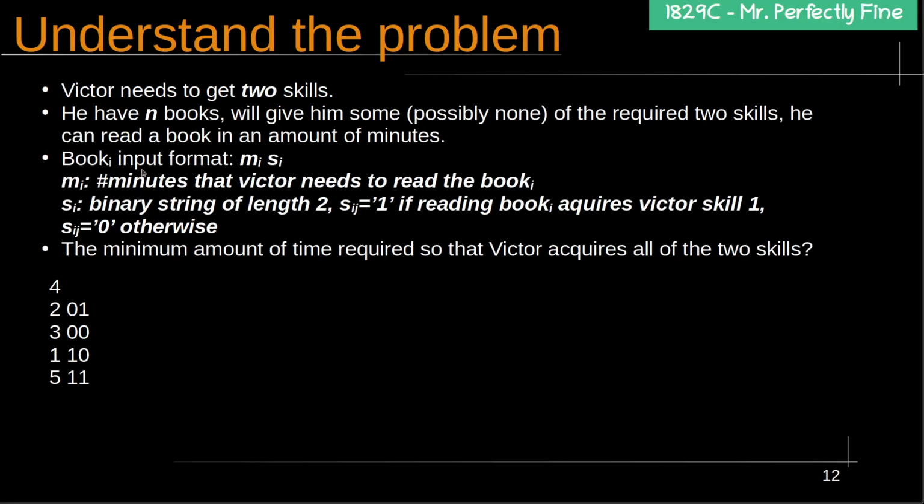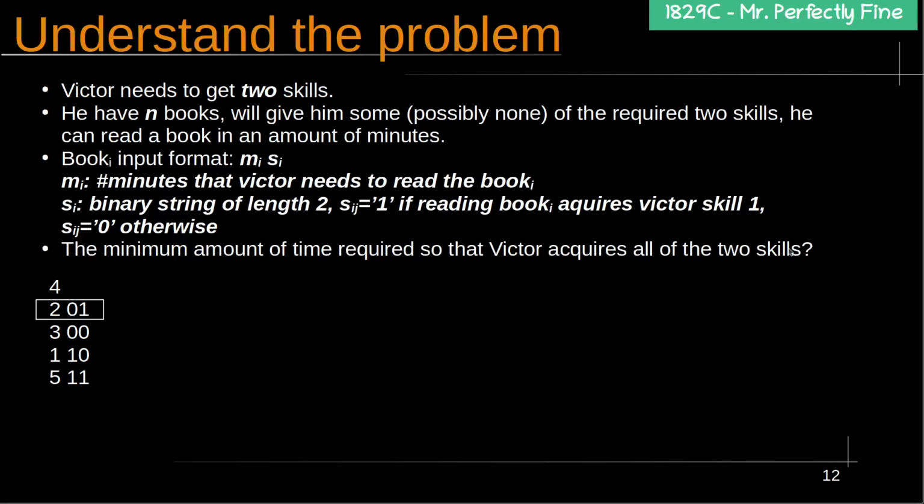The input format is Mi, Si, where Mi is the number of minutes that Victor needs to read book i, and Si is a binary string of length 2. Sij is equal to 1 if reading book i acquires Victor skill j, and 0 otherwise. We want to compute the minimum amount of time required so that Victor acquires all of the 2 skills.